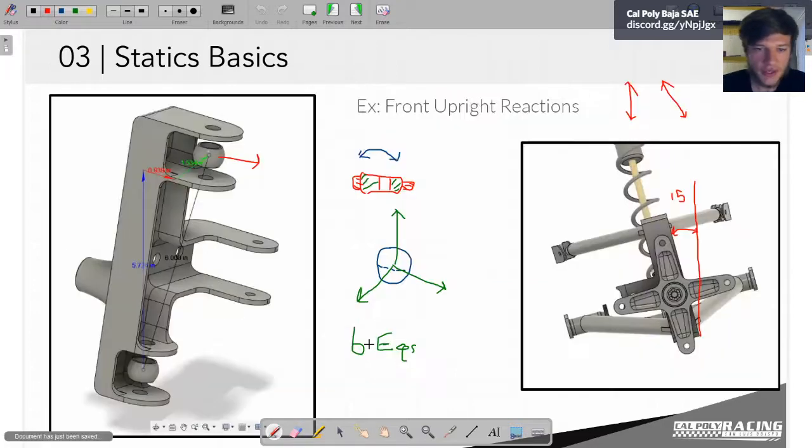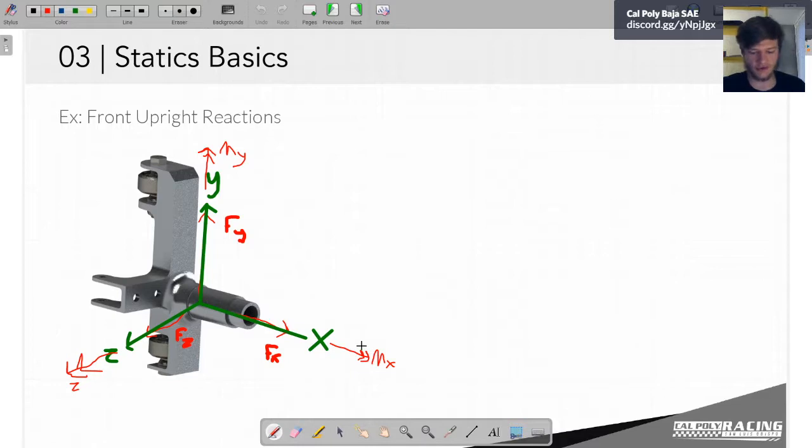Technically, since we're drawing our free body diagram here, and we know the directions of these forces, it would make sense to draw whatever we said has a negative in the negative direction. So, for example, our force in the x direction is minus 1773, so Fx equals minus 1773.